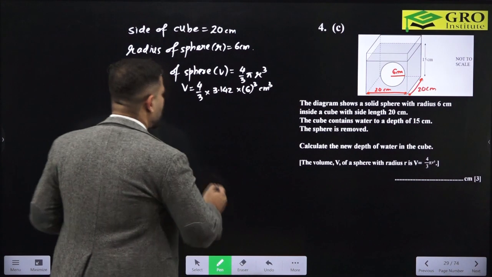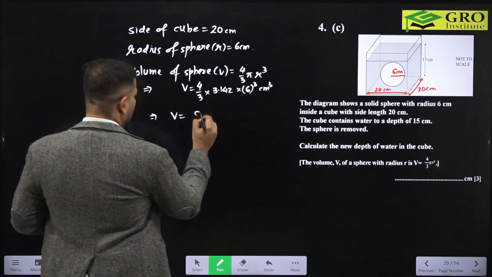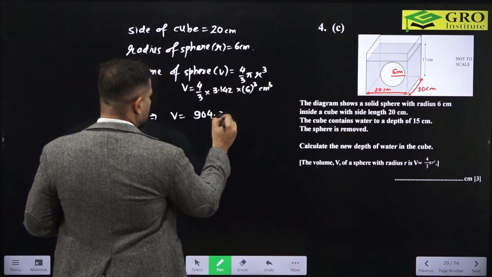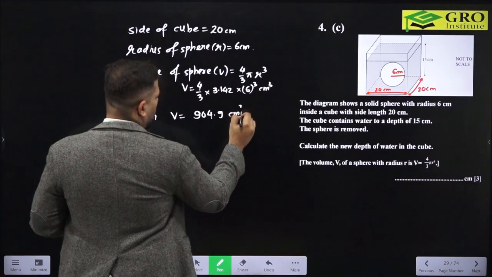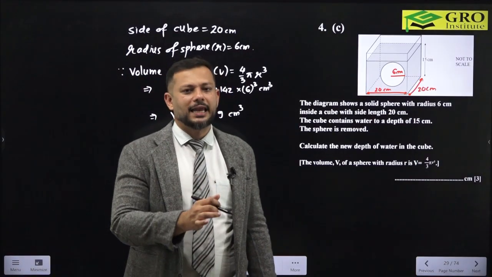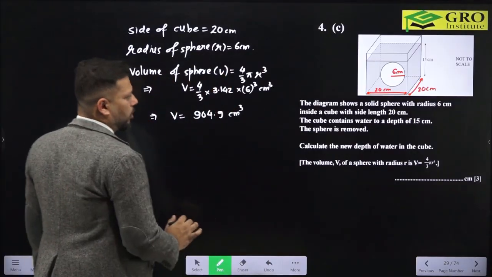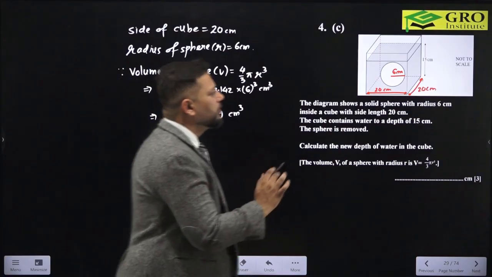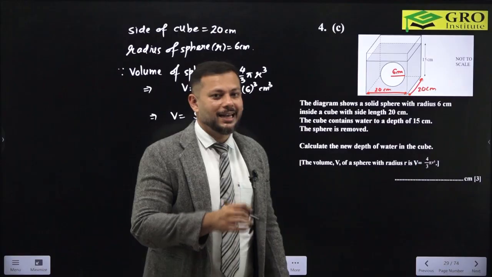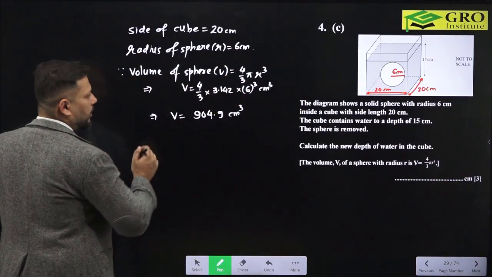So we are getting V, that is the volume, as 904.9 centimeter cube. Guys, this is the volume of the sphere which is kept inside the cube. Now, we will use it later on. Let us find out the volume of the water which is present inside the cube when the sphere is already inside. Okay, so let us find it out.